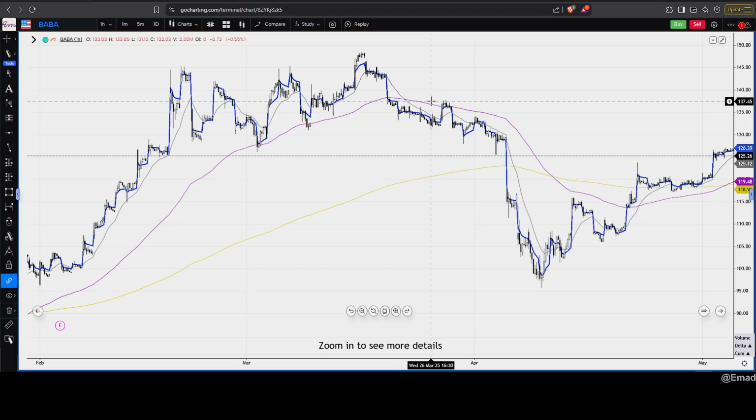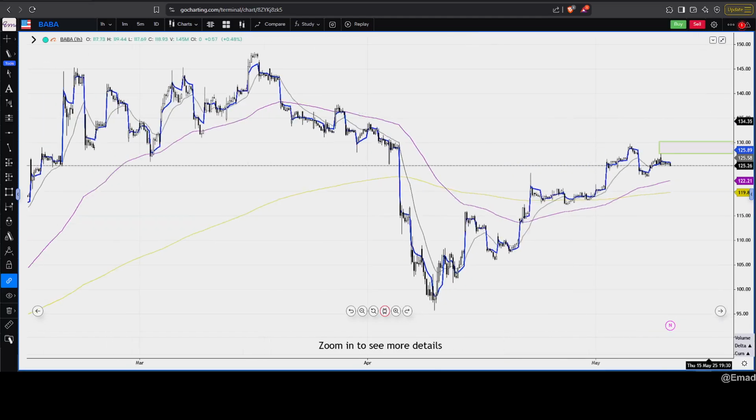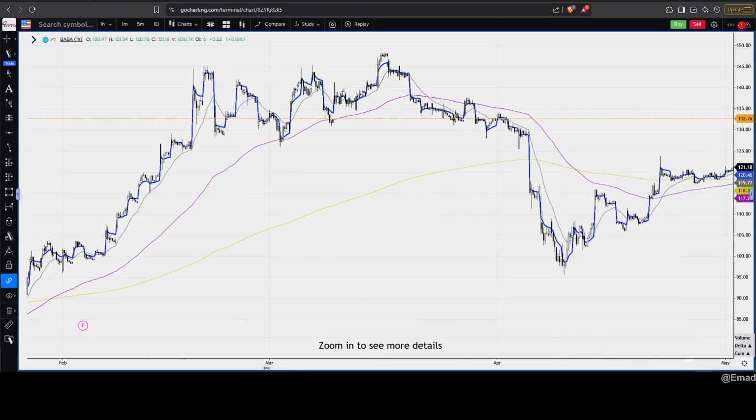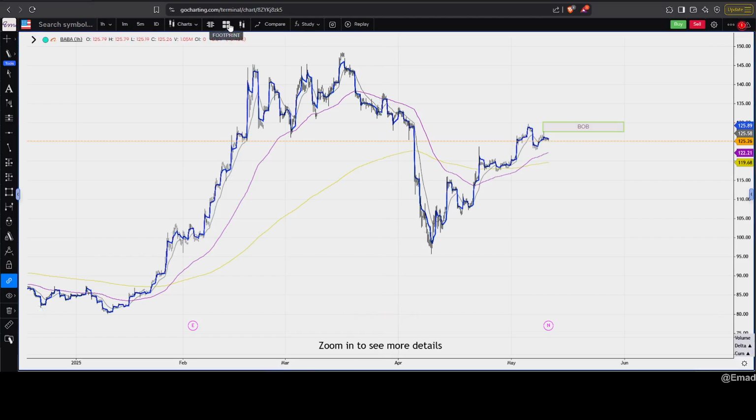Even this is interesting. 137, 135. 135 is also interesting. 131 is also interesting. Where is it right now? I don't know, why doesn't it show sometimes? Baba. It's at 132. So maybe in the 140 to 137 area is where I can expect buyers, sorry, sellers to be, right?